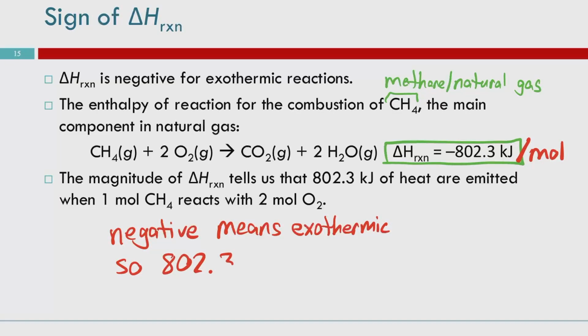So 802.3 kilojoules is produced as heat, and we can use this like a stoichiometry step with 2 moles of O2 or 1 mole of CH4, like it says in that last bullet point.